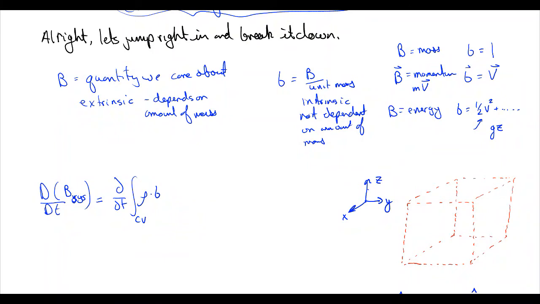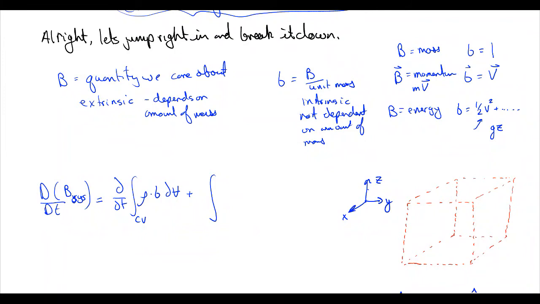We're going to come back to that, but we're going to continue on with this equation first. Plus the integral over our control surface, just over the surface, of our density times lowercase b times the flux through that surface.